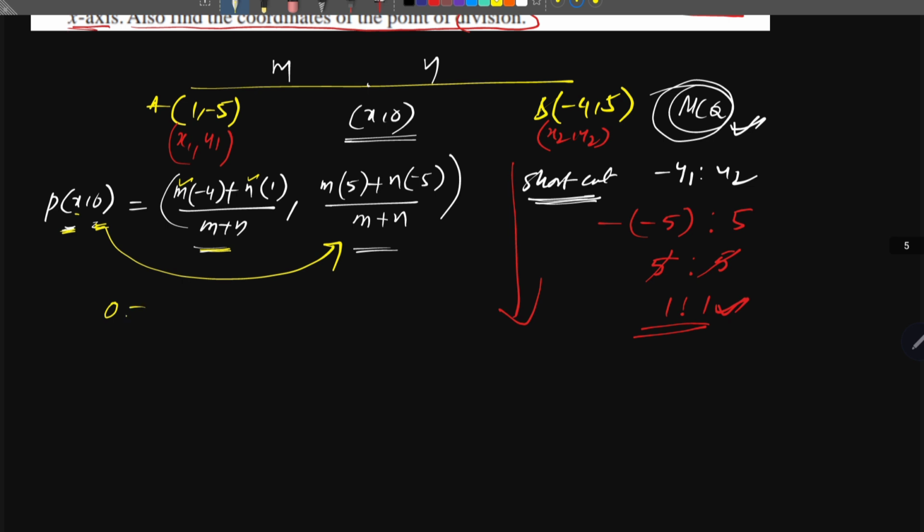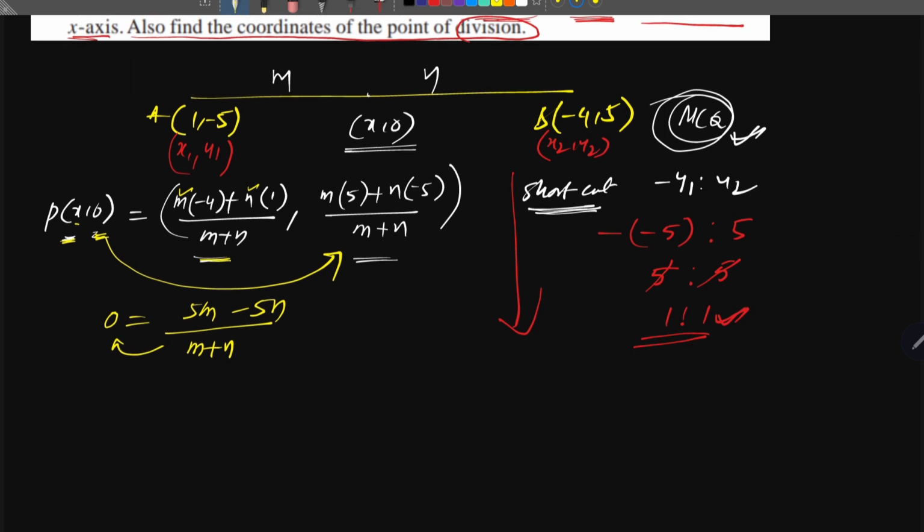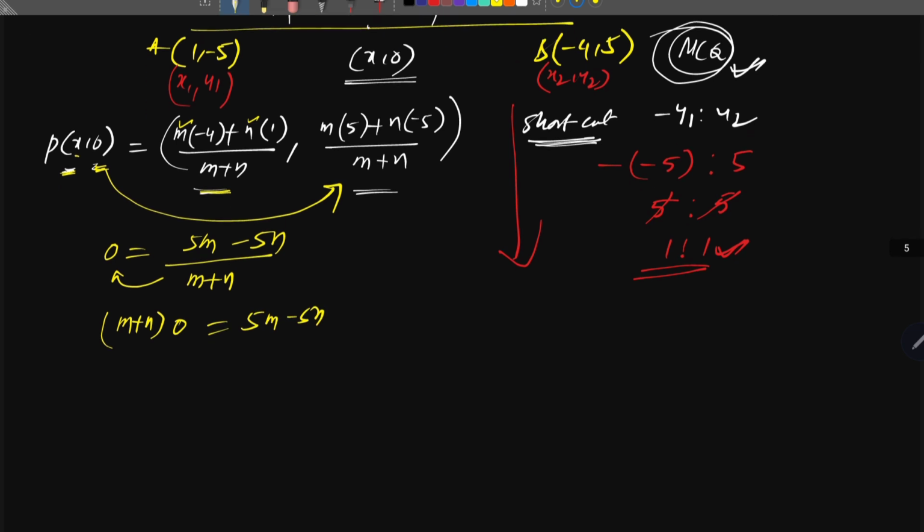That's why I prefer equating the y coordinate. So 0 is equal to (5m minus 5n) divided by (m plus n). Cross multiply: m plus n multiplied by 0 is equal to 5m minus 5n. Then 0 into any number is 0, so 0 is equal to 5m minus 5n. Sending n to the opposite side, we get 5m is equal to 5n.